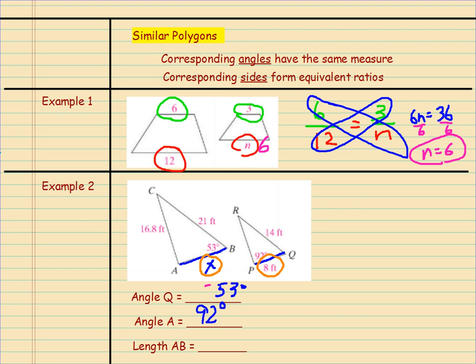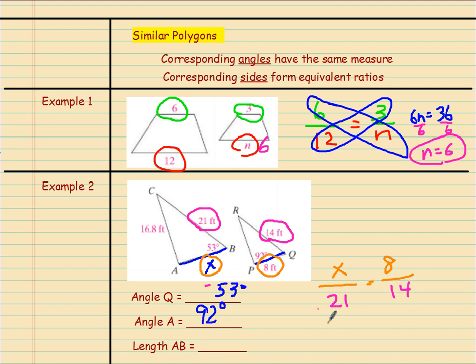What I want to use is this one over here, because we have the corresponding side length in the other triangle. So let's look at the numbers that I circled. We have x here, so we can write x here, over, and on the other proportion we can write 8, because these two are corresponding. Over here we have 21, and that's corresponding to the 14.